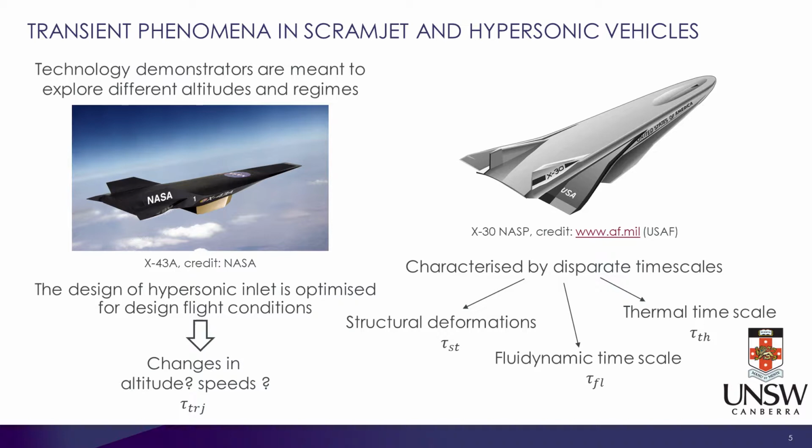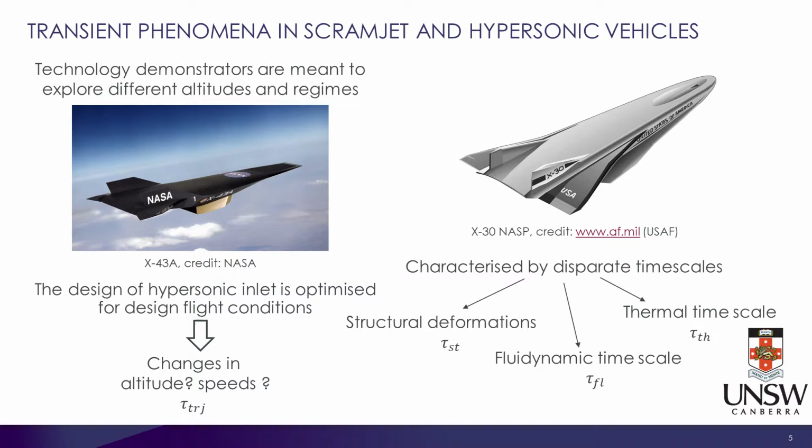The case I'm showing you today is what happens when these vehicles start oscillating. You have a shock from the leading edge that is oscillating inside the cone. It can deteriorate the propulsive efficiency of this vehicle, which is already very low. On top of that, put the structural deformations.